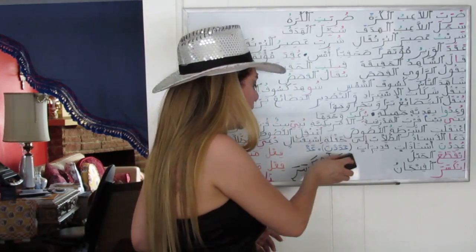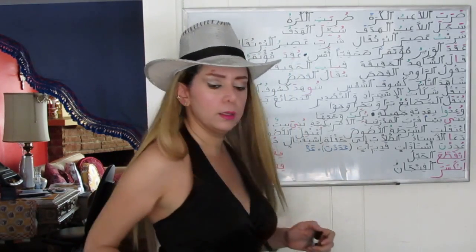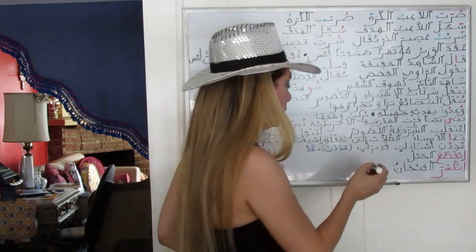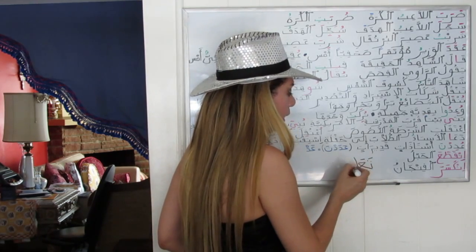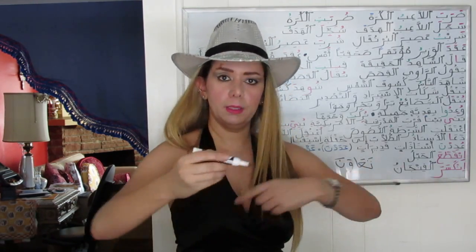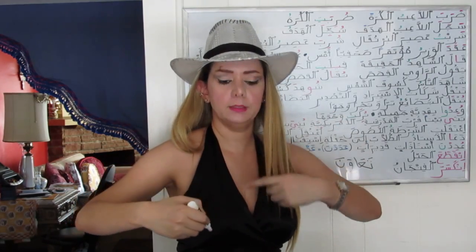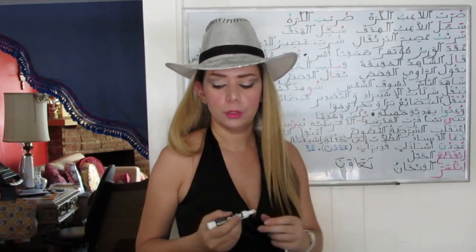Thus, the subject of a reflexive verb is both a performer and recipient of the action, as in form 6 verbs. Alright, for example, تعاون, to cooperate, to help each other. I help you, you help me. Alright? Reciprocal action.